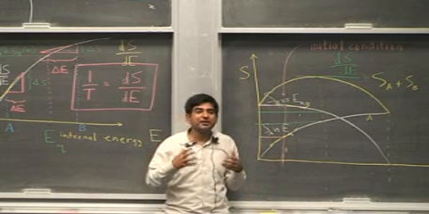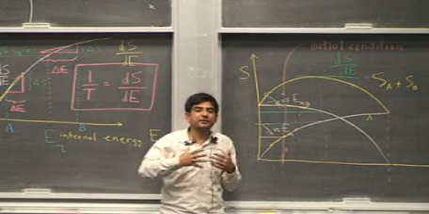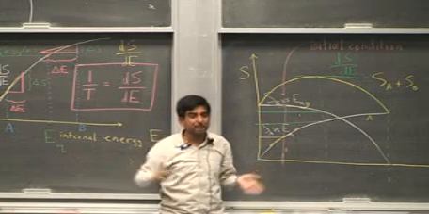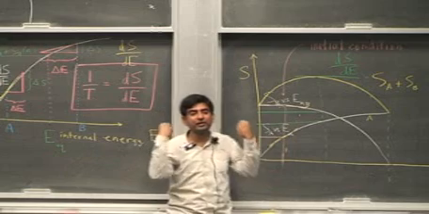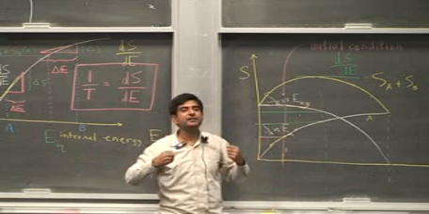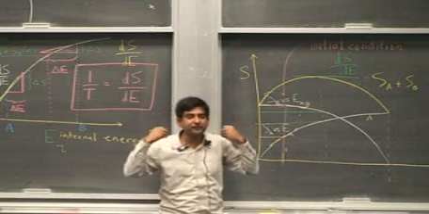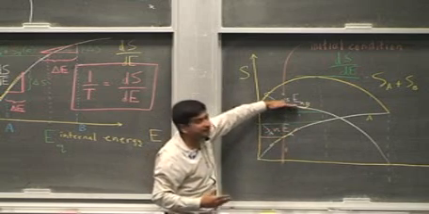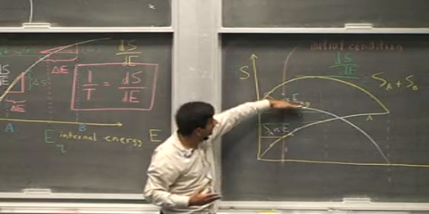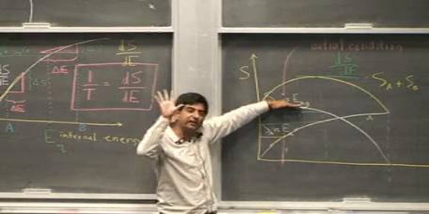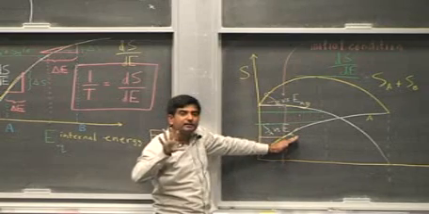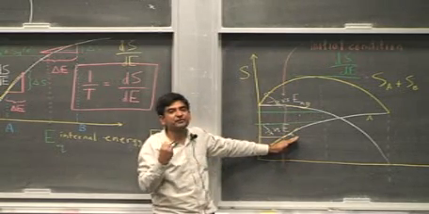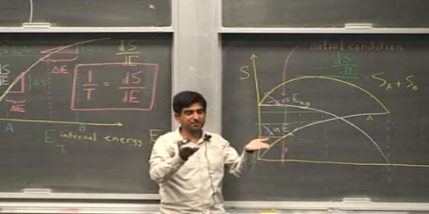An object which can lose a large amount of energy and still its entropy does not decrease much must have a higher temperature. It can afford giving away energy. It's a very generous state. It can afford giving away money. So this slope is inversely proportional to the temperature. Smaller the slope, higher will be the temperature. Here, larger the slope, smaller will be the temperature. It will absorb small amounts of energy and would like to increase its entropy.